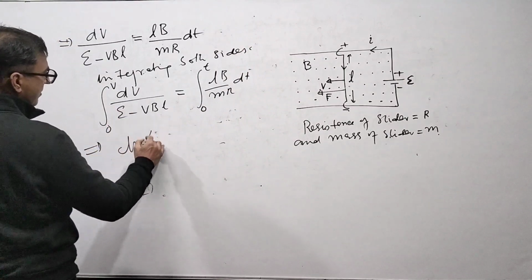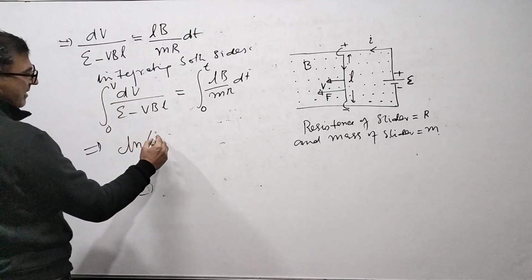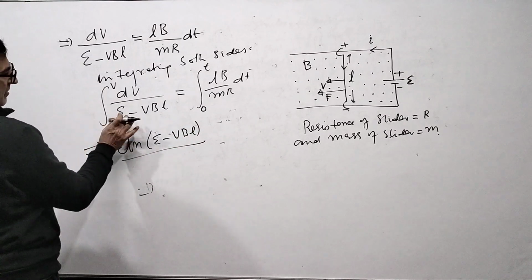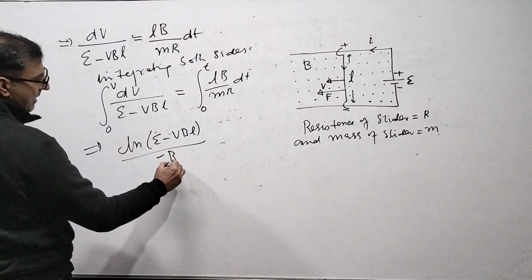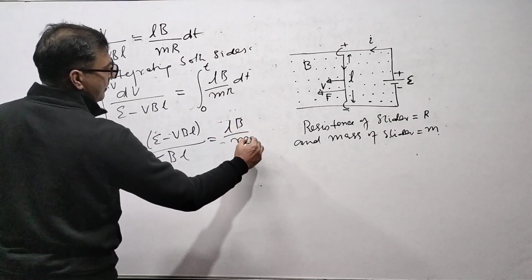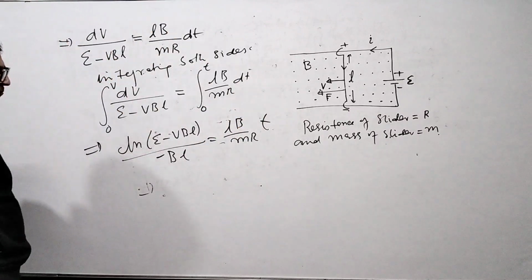It is ln, because the denominator contains v and dv is on top. So this becomes ln of (E − VBL) divided by the differentiation of the denominator, that is −BL, is equal to LB by MR, and the integration of dt is t, under the limit 0 to t.